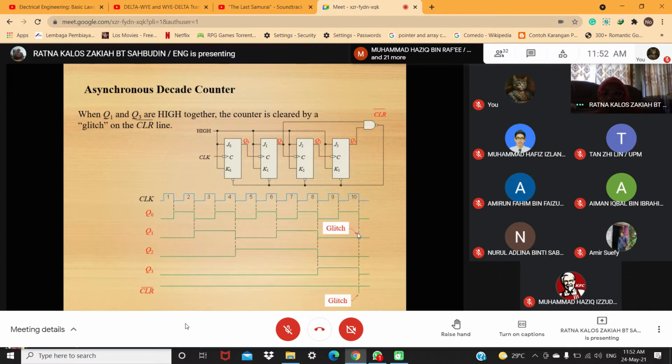Okay, and also this is here. This is called a glitch. When both are high here, high, high. High and high is high, but not high, it becomes low. So that's why it's clear here. Okay, it will clear at this point.